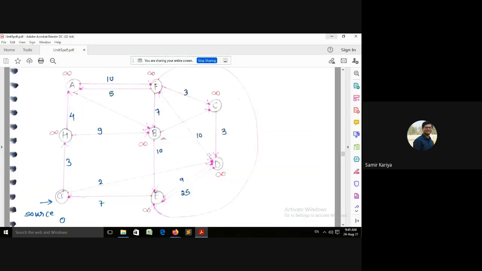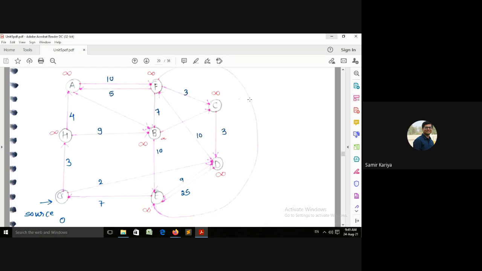So let's start the example: how to solve or apply the Dijkstra method. This is the given graph, with nodes A, B, C, D, E, F, G, and H. The source they have given us is node G, at the bottom left.